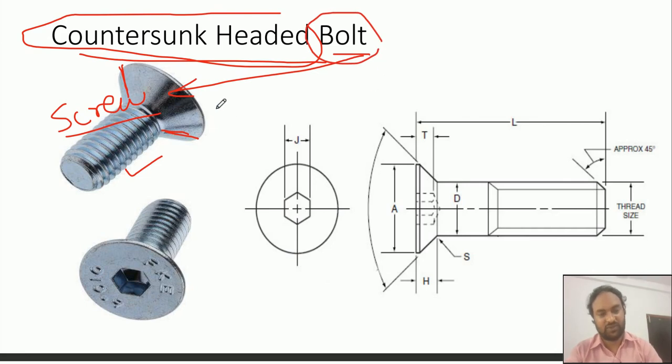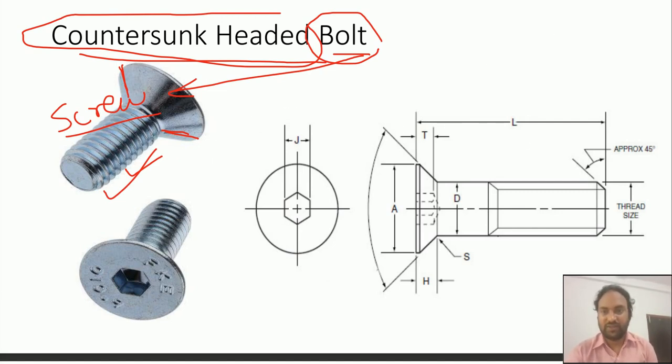The only difference is the threaded part, but everything else is the same. So there is no harm in reading it as a countersunk headed bolt when we are studying it. Otherwise, when you know it is a screw, you can call it a screw. But for studying purposes, it can be used as a countersunk headed bolt.